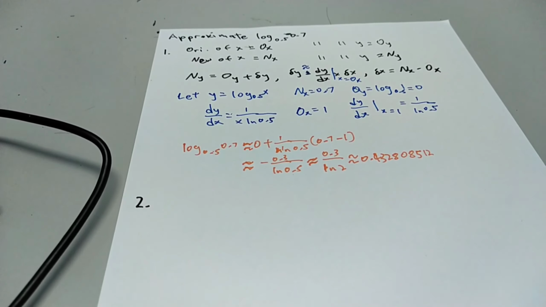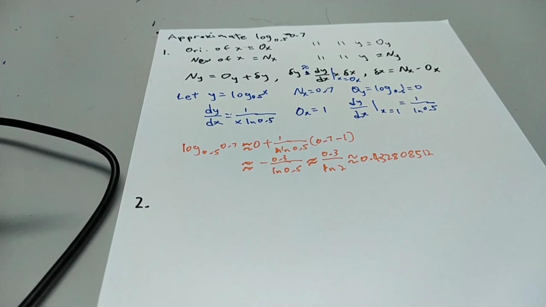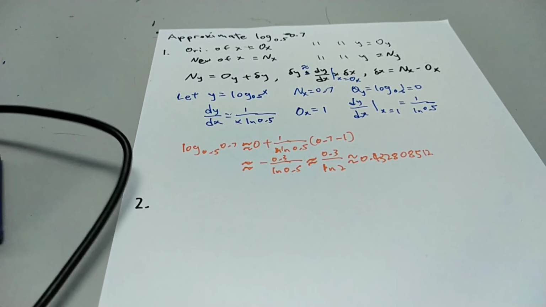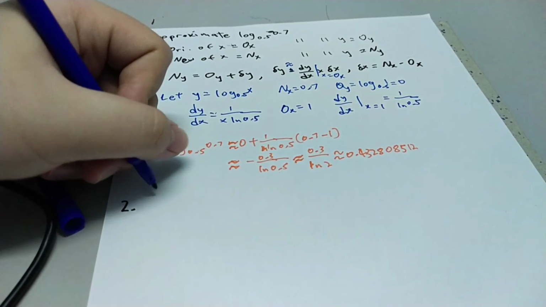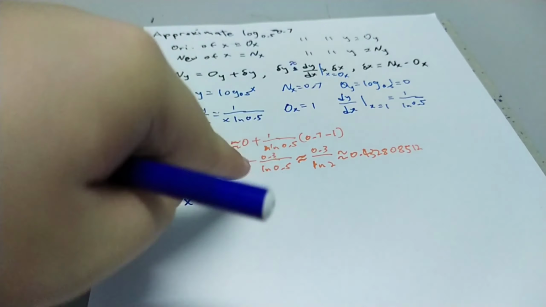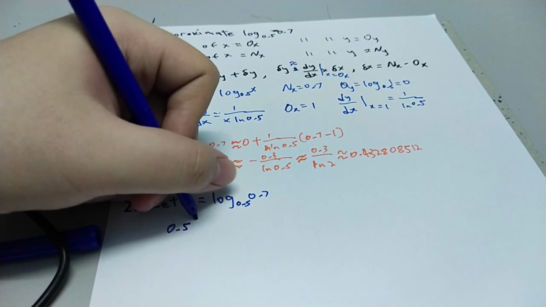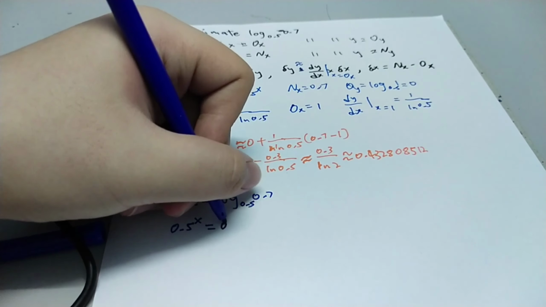To do that, we are going to come up with an equation. We let x equal to log of 0.7 with base 0.5. Since 0.5 is the base, when we move it to the other side, 0.5 to the power of x is equal to 0.7.